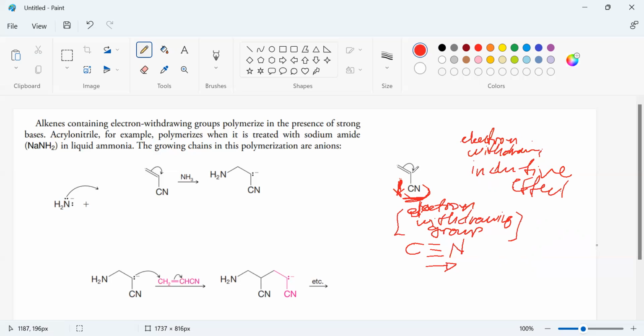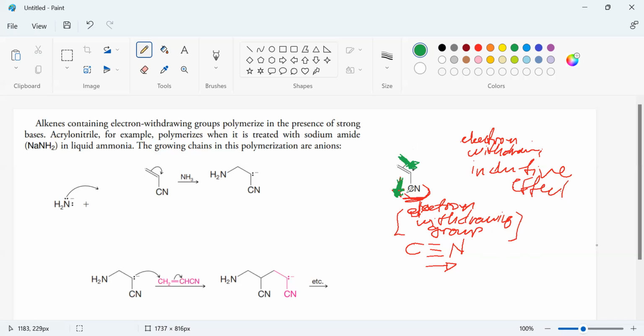So between carbon and this nitrile group, you can actually have a dipole. So I'll use another arrow. You actually have a dipole toward CN. And once you have that dipole there, you can also see the dipole between this and that, toward this carbon. So this is the inductive effect.